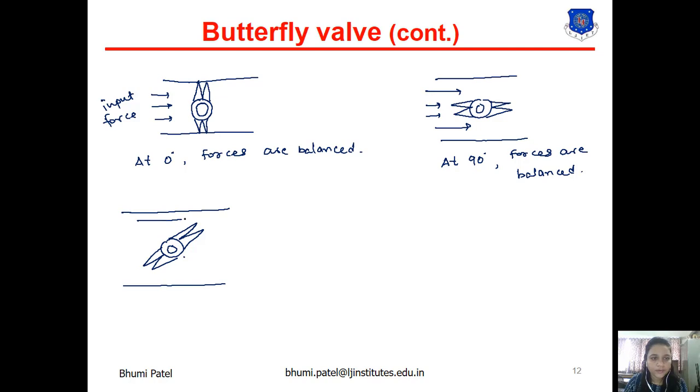okay, so this is the input force, so between 0-degree and 90-degree, forces are unbalanced.